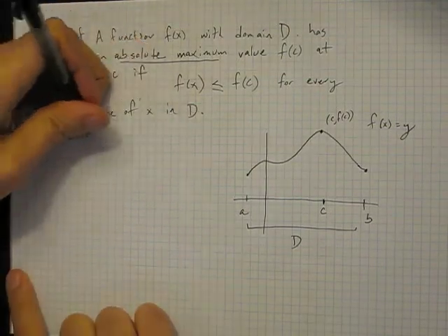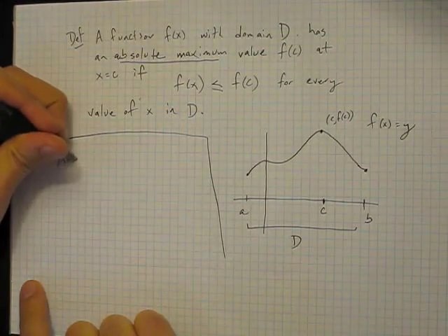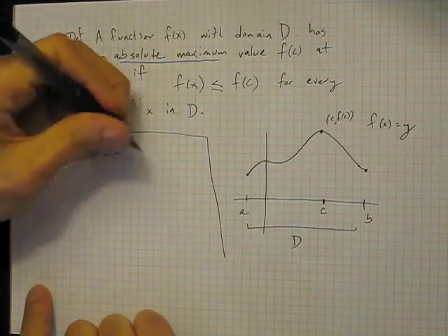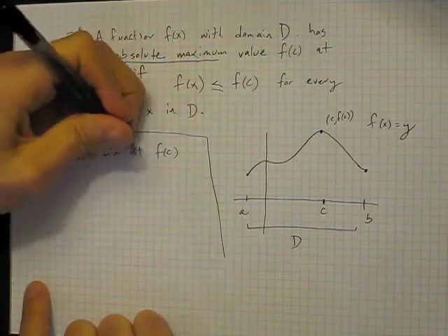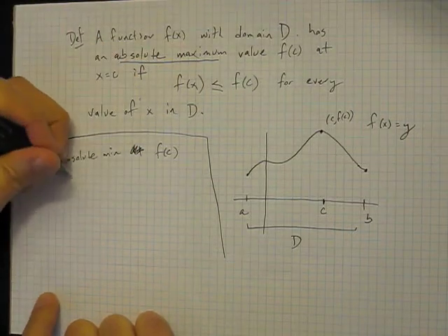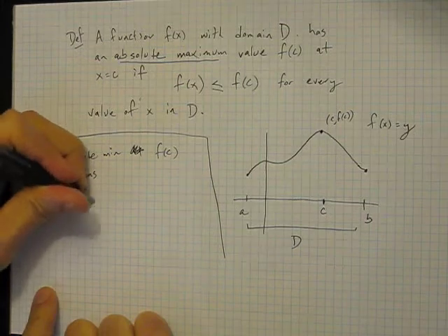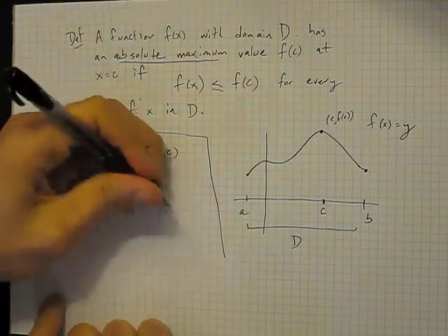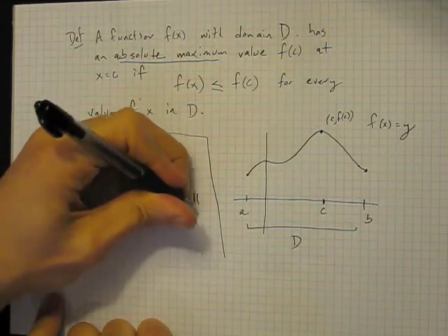Absolute minimum works on exactly the same principle. So absolute min at f of c means f of c is less than or equal to f of x for all x in the domain.